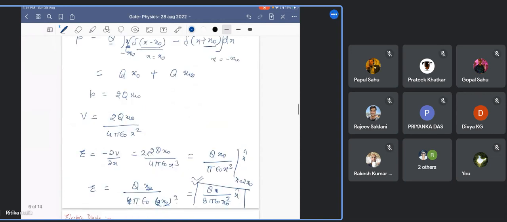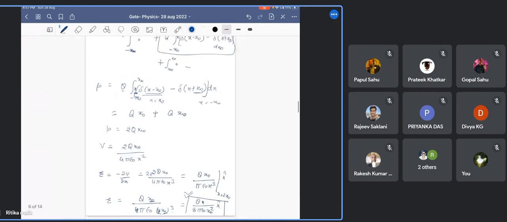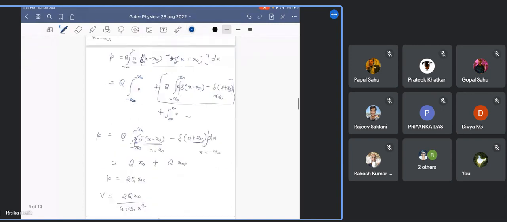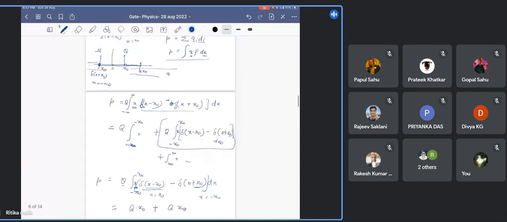You can check if I have misplaced something somewhere, but the idea is the same and the question is going to be solved this way. Try to solve it yourself and see if you can find the correct answer. The basic methodology is going to be the same.